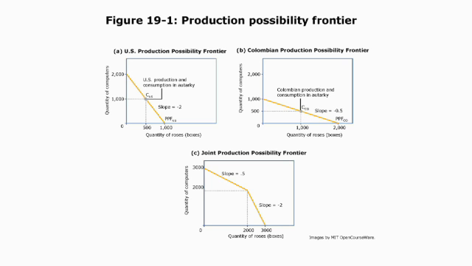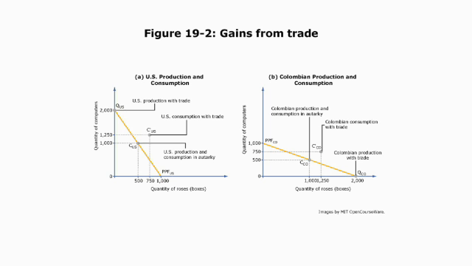And the result of that you can see in the next figure, figure 19.2, which shows gains from trade. This is the same autarky figure from panels A and B before; I've just added some more labels. What we see is, in autarky, we're at point C sub US, with the US producing and consuming 1,000 computers and 500 boxes of roses.